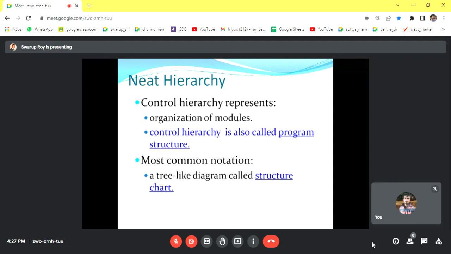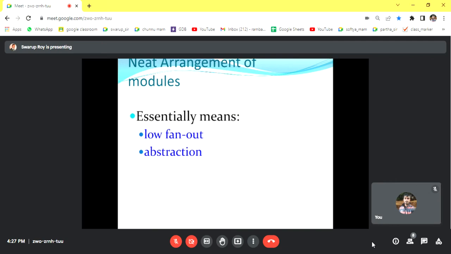It should be in layered form, with very little dependency on higher level modules. In a neat design it should have low fan out and abstraction. Let's study fan out in a bit more detail.